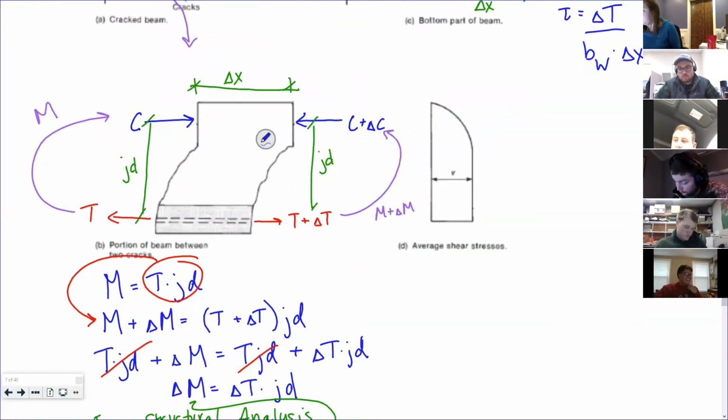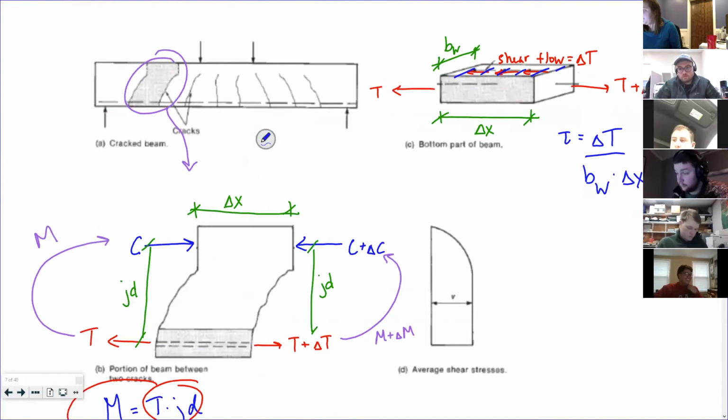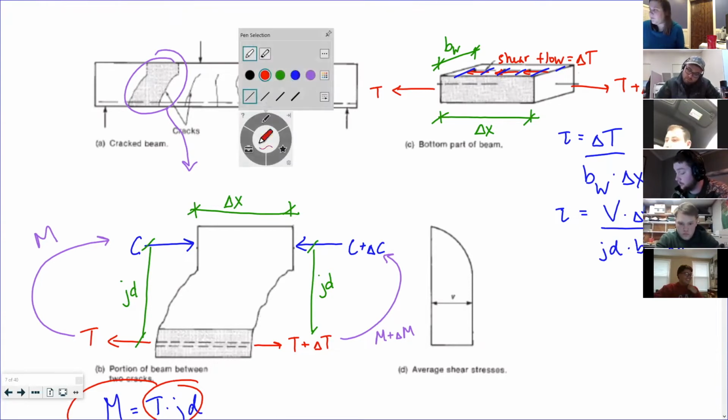I'm going to substitute that in. Delta x will go away.